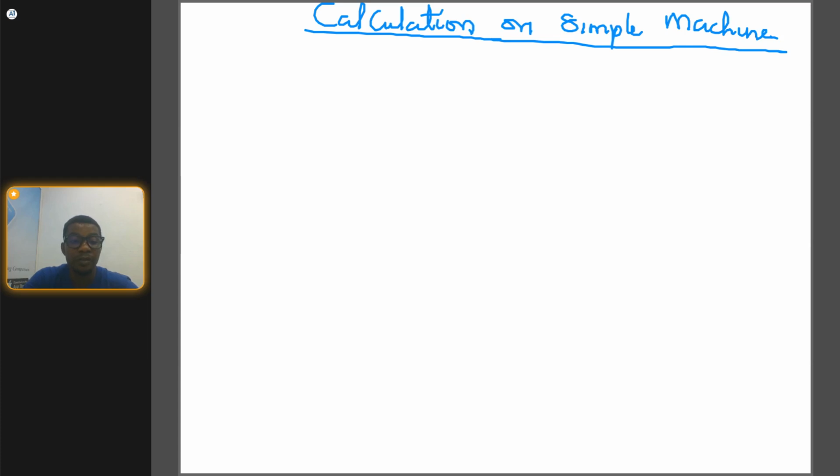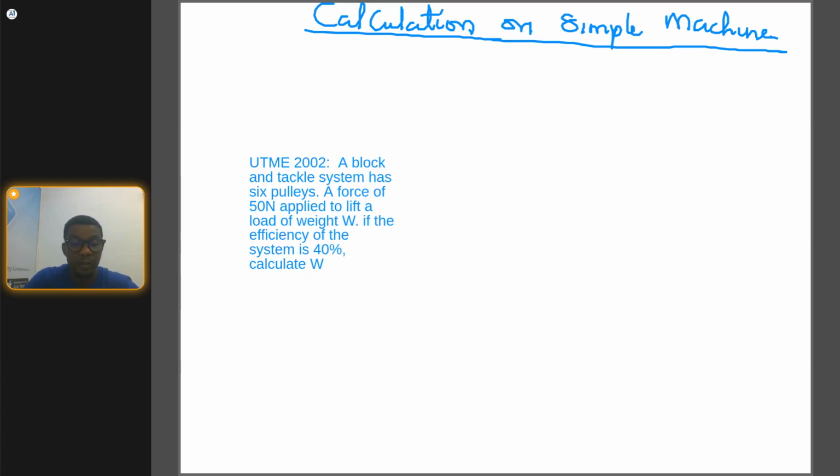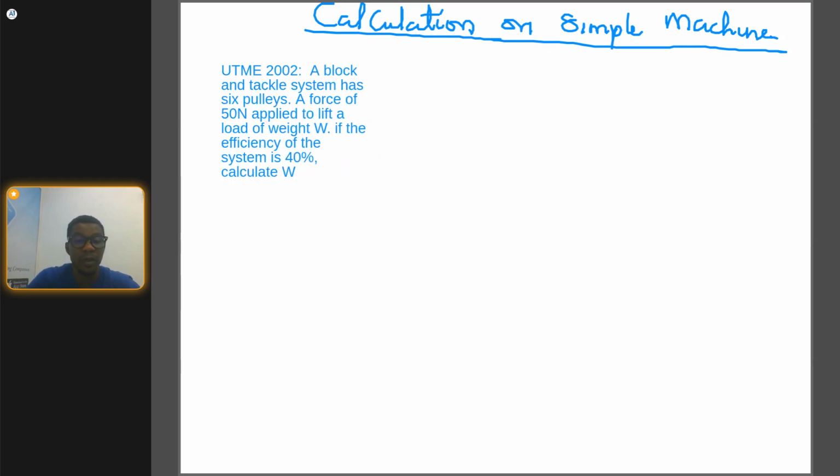What are we asked to solve? A block and tackle system has 6 pulleys.